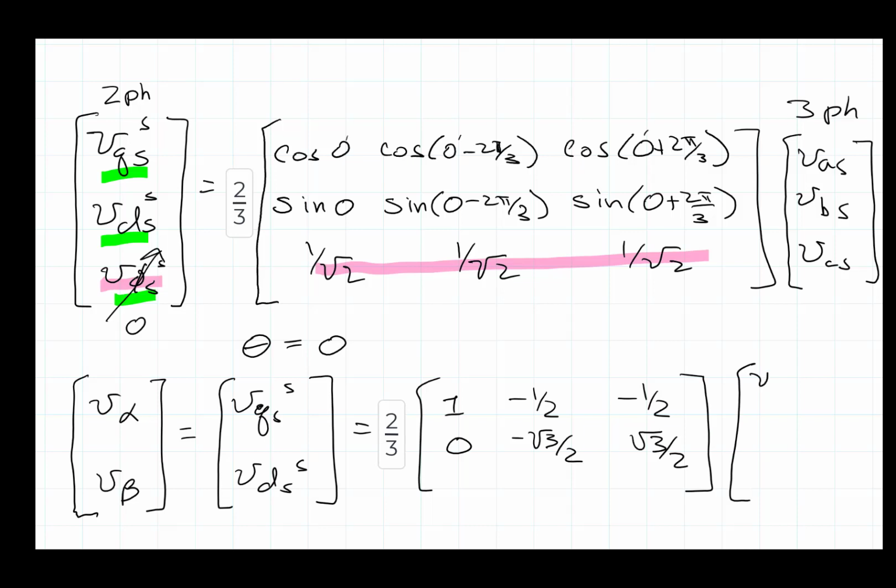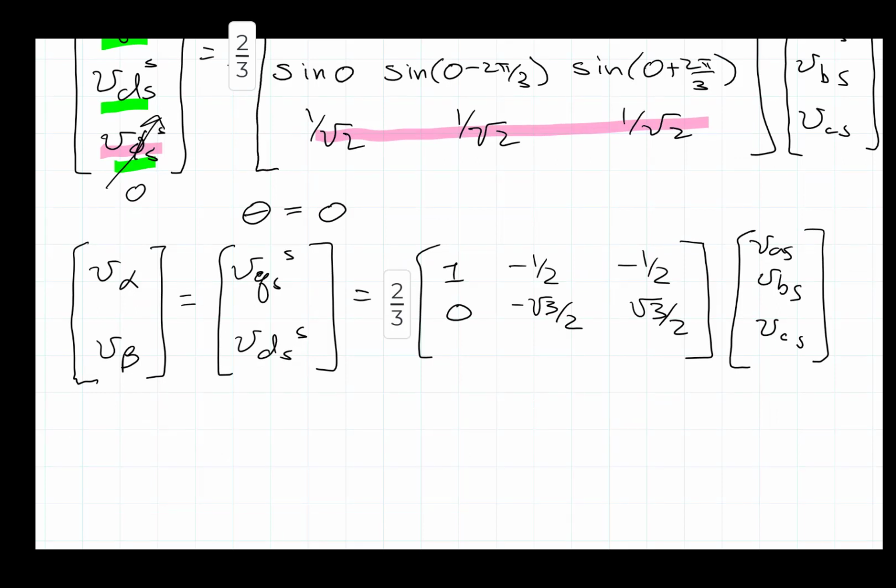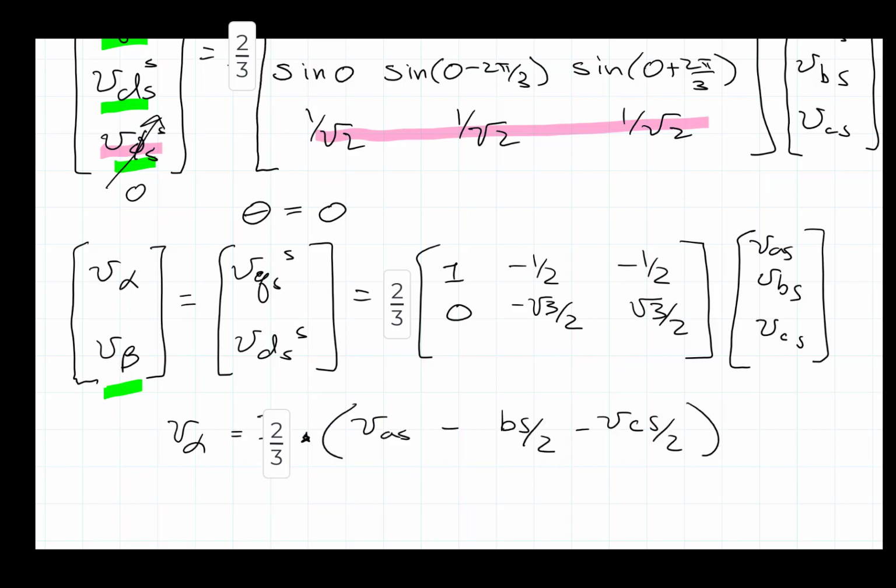Times the 3 voltages, VAS, VBS, and VCS. And so we're going to multiply these things through. I'm going to stick with just the alpha and the beta here and come up with an expression for V alpha and V beta.